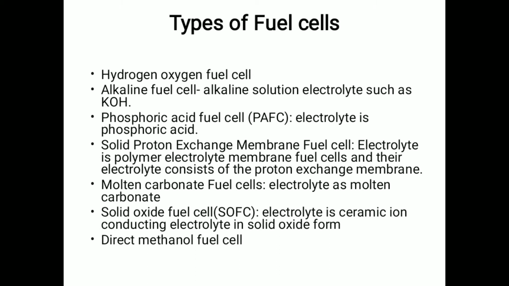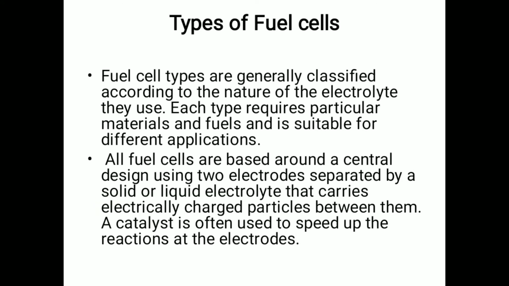So there are different types of fuel cell, depending upon the electrolyte we use. Fuel cells are classified according to the nature of the electrolyte they use. Each type requires particular materials and fuels, and each type is suitable for different applications.